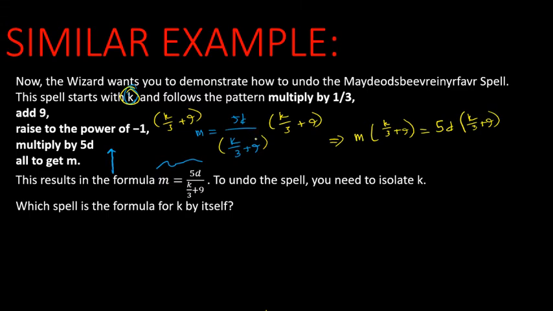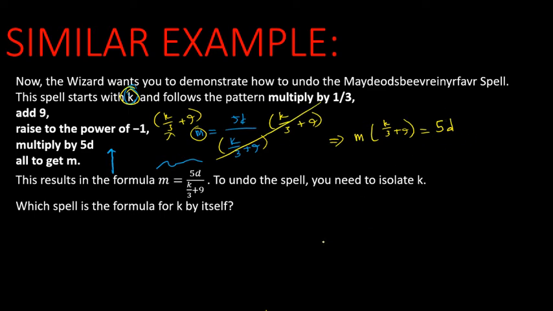All I did was rewrite both sides of my equation simplified, and that last little bit I wrote was a mistake. So on the left-hand side, I end up with m multiplied by the denominator. On the right-hand side, my denominator has been canceled out, and I just have 5d.